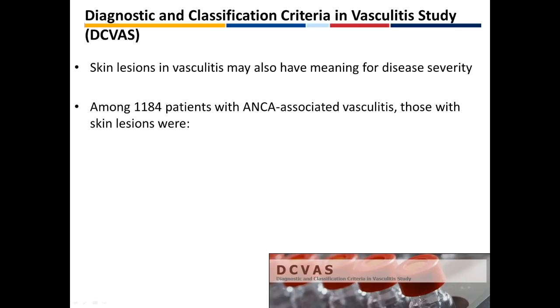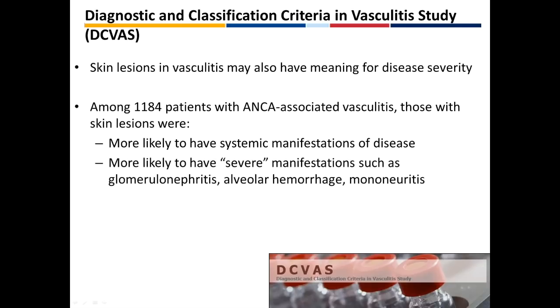And actually, those patients with skin lesions had a double the risk, at least among the patients with granulomatosis with polyangiitis and eosinophilic granulomatosis with polyangiitis, double the risk of having severe manifestations in other organ systems. So for that reason, we'd say maybe the skin is actually also helpful for prognosis and indicating the risk of there being other stuff going on.